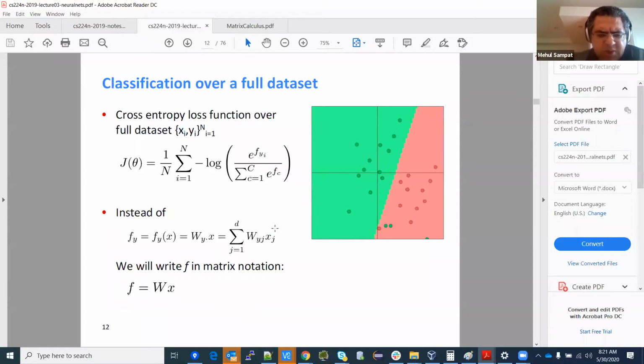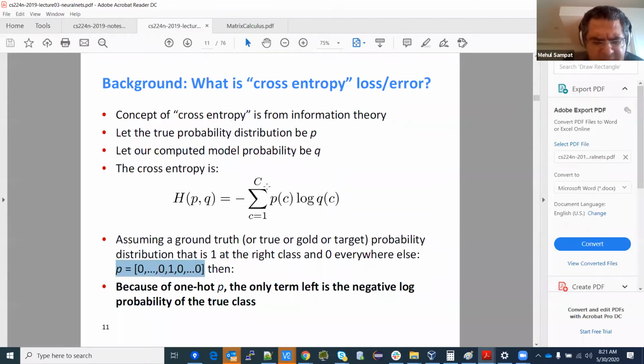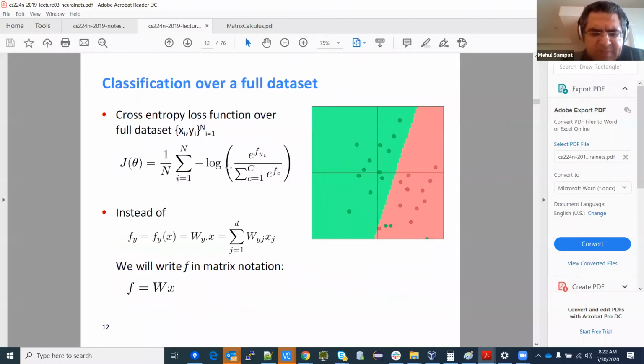So you take an average across all the n samples, and this is basically just this equation. For one training sample, you have one term, and then for n training samples, you end up with this.